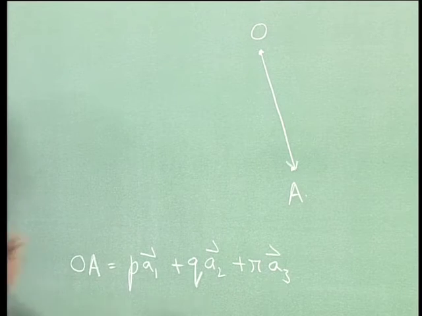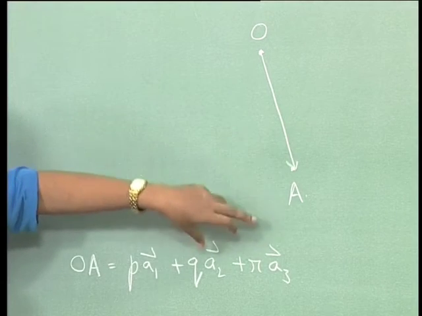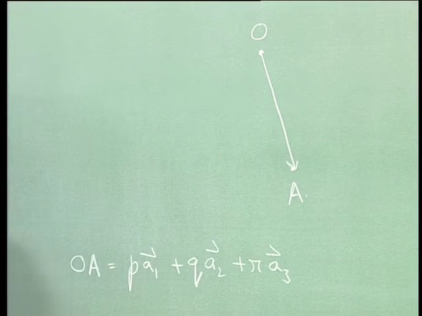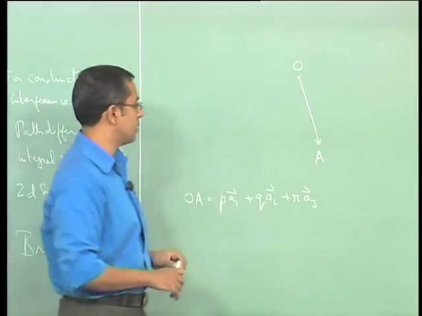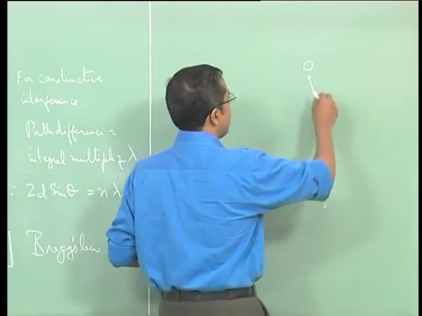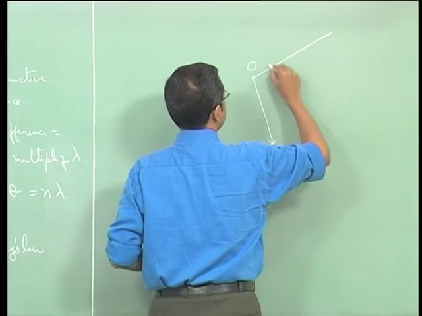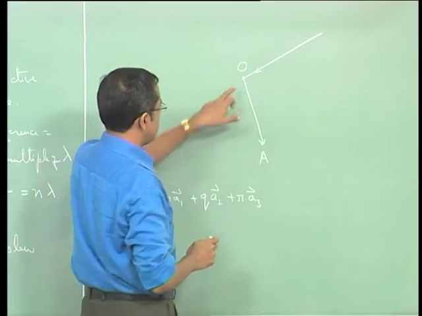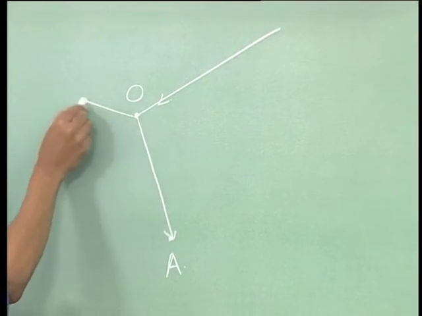So by definition we are saying this vector here is PA1 plus QA2 plus RA3, where P, Q and R are integers, because that would lead us from one lattice point to another lattice point based on a convention. So now we have again a similar situation. We will say that a beam comes and strikes this atom and then goes off in some direction.